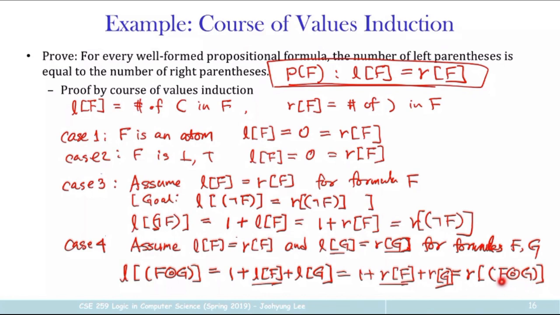So R of F plus R of G plus the last one is the total number of right parentheses in F sun G. So we proved that all these four cases are true. So by the strong induction principle, this property is true for all formulas. All right.